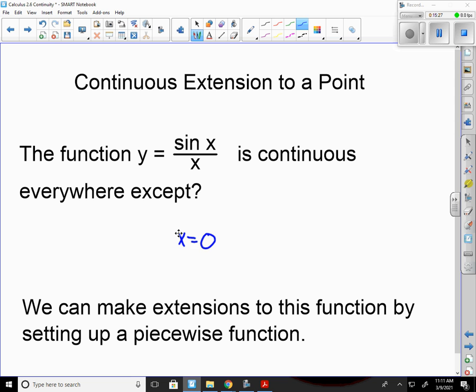So that wouldn't be continuous at x equals 0, because I can't divide by a 0. So then I can make an extension to the function by setting up a piecewise function.